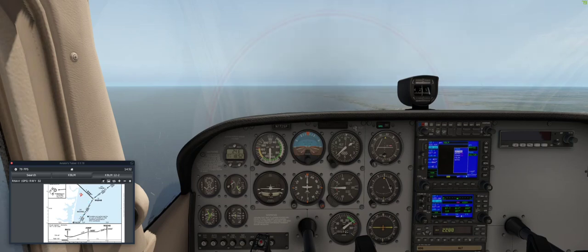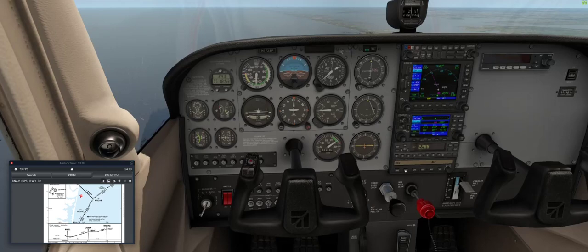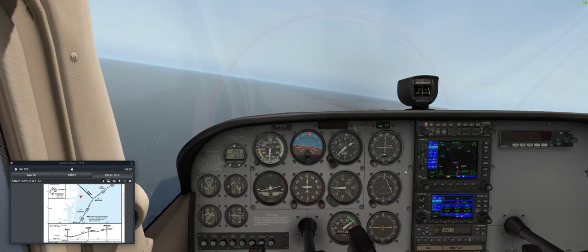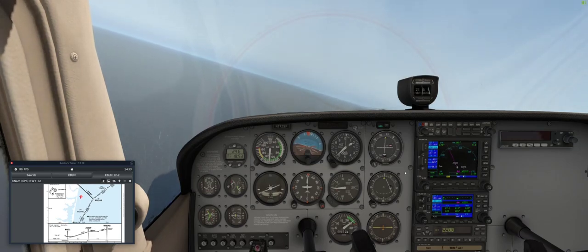WAVNO is what we should, because we're flying basically to it now. Alright, and we'll activate it so that it's active. Alright, and we'll go back into GPSS mode.